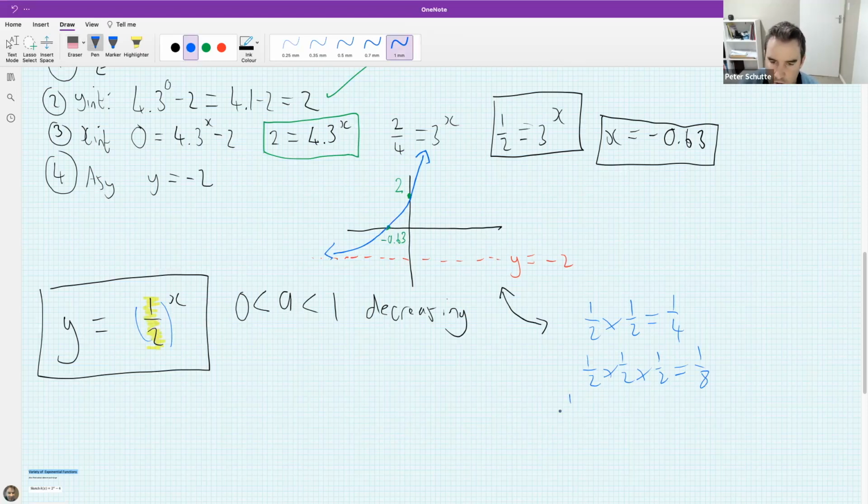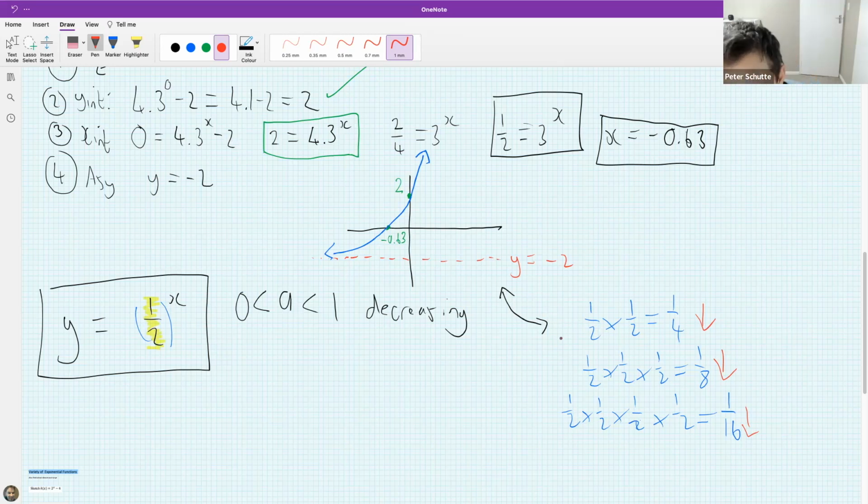So, for example, if I did this, I get 1/16. What's happening here is that each time I multiply by a half, it's half the size. It's getting smaller and smaller. And what this means is instead of the shape going upwards or increasing, we talk about a decreasing exponential function where the shape is going down.